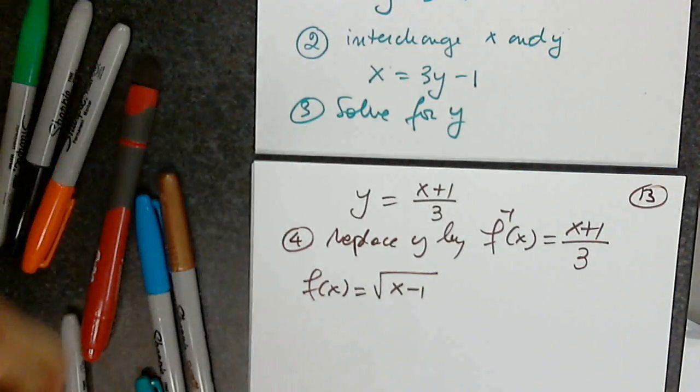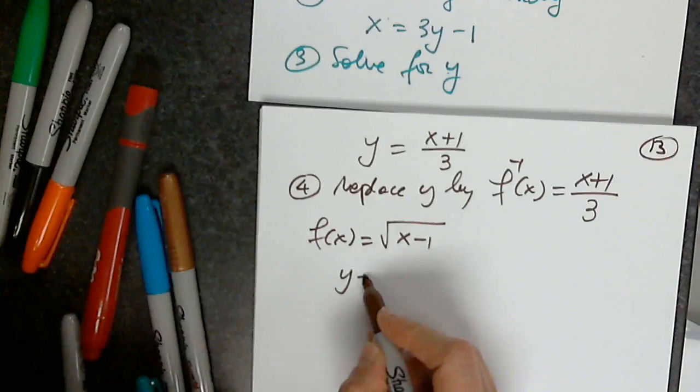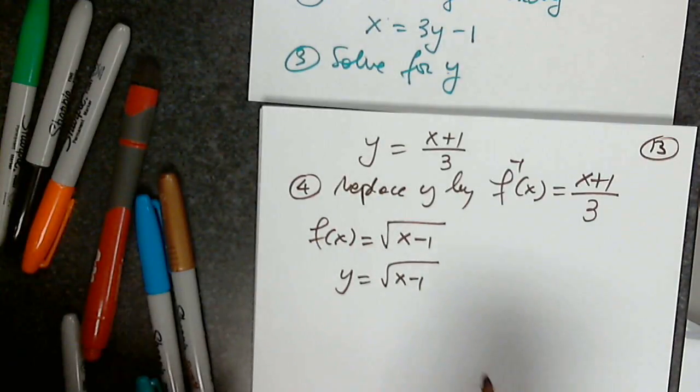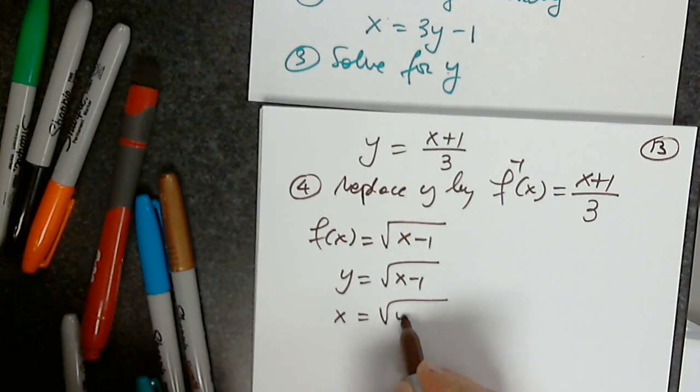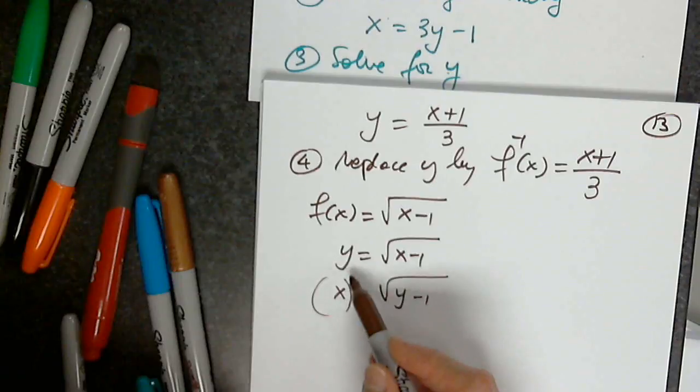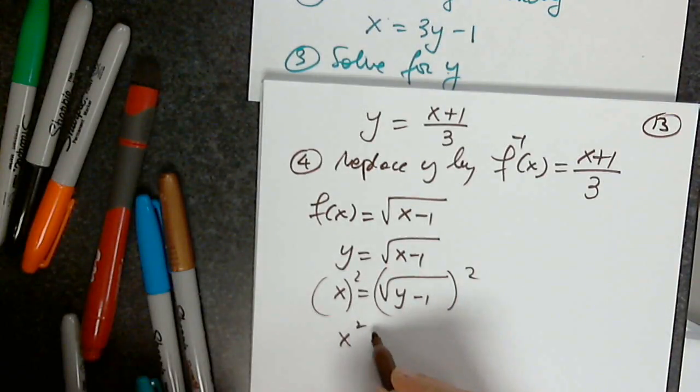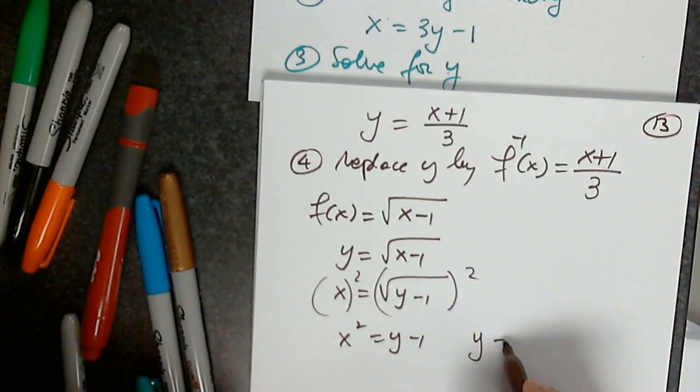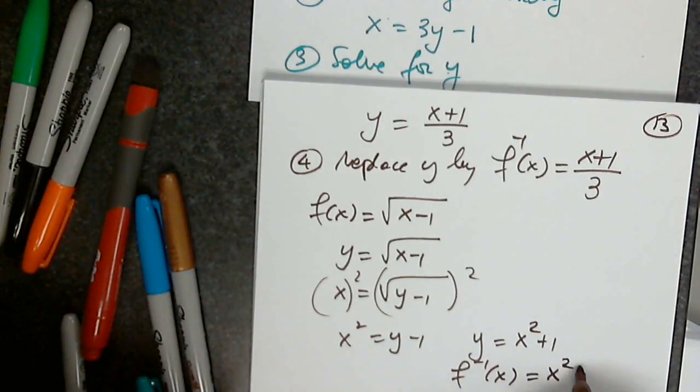So in step 1, I have y equals the square root of x minus 1. In step 2, I have x equals the square root of y minus 1. It's a radical equation. I know how to clear the radical by squaring both sides. So then I have x squared equals y minus 1. Therefore, y equals x squared plus 1. And this is my f inverse.